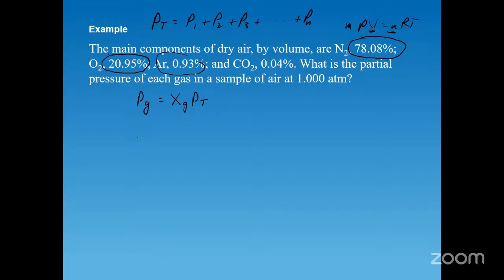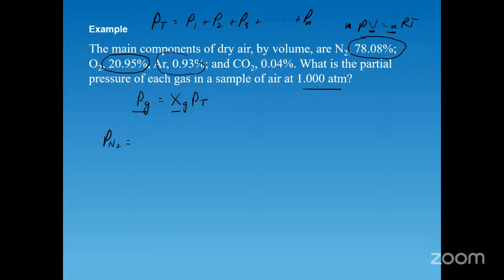So to find the partial pressure of each gas, we need to do a calculation for each gas, using the mole fraction, which is the same thing as the volume percentage here, multiplied by the total pressure, which is 1.00 atmosphere. So we're going to do the calculation for nitrogen.